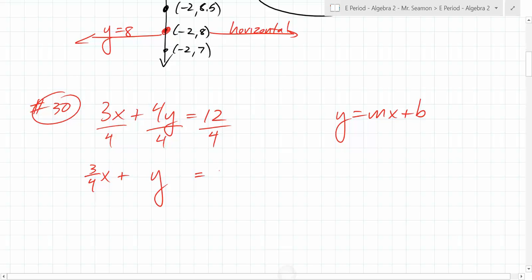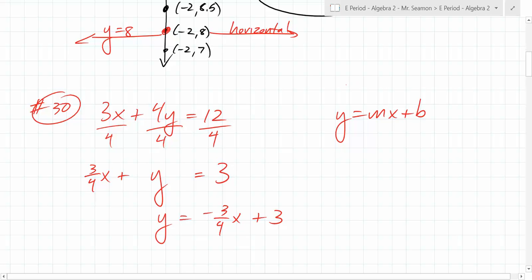Y equals. Now what could we do if we want to isolate y? Subtract 3/4 x. You can't just subtract 3/4. You have to subtract 3/4 x. So you end up with y is equal to negative 3/4 x plus 3.